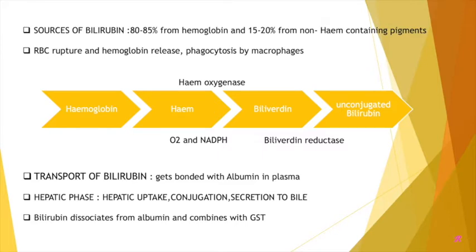What is the full form of GST? It is glutathione S transferase. So the first two things happening inside the hepatocyte are dissociation from albumin, and second, it combines with GST, glutathione S transferase. Next, what will happen?